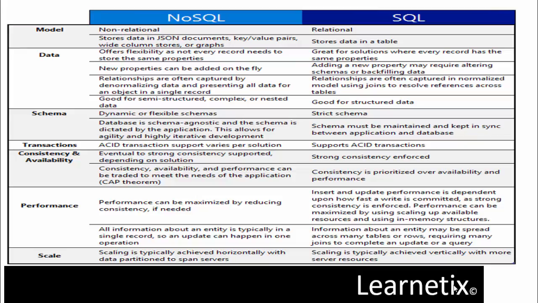The first thing is what model NoSQL is achieving and what type of model SQL is achieving. SQL is achieving a relational type of model. It means it handles structured data. But NoSQL uses non-relational models, storing data in the form of JSON documents, key value pairs, wide column storage, or as a graph, which we discussed previously: the meaning of key value, document, column oriented, and graph databases.